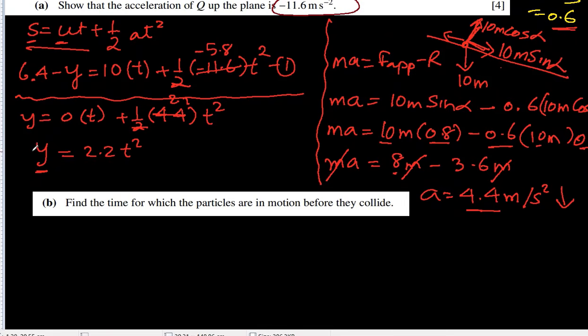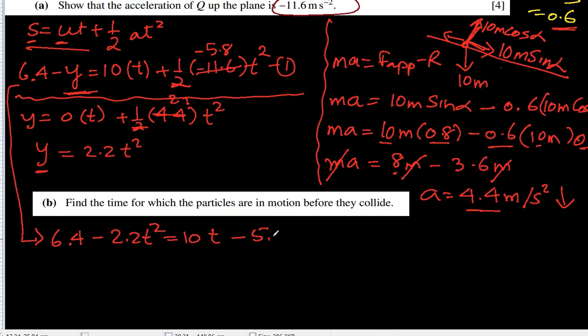And now I will substitute this y here. So let me write equation 1 again. 6.4 minus y is 2.2 t square, now equal to 10t minus 5.8 t square. Now let's put everything to the left side so that it becomes a quadratic equation.